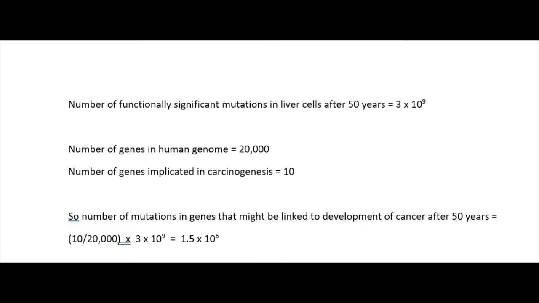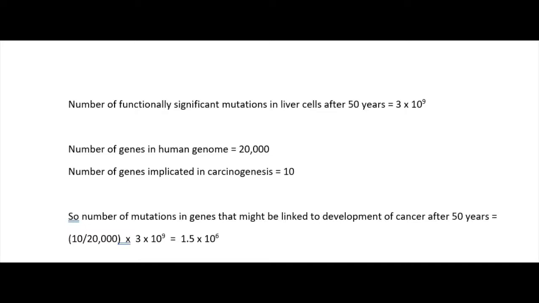The total number of genes coding for proteins in the human genome is around 20,000. And from studies of the mutations that occur in cancer patients, we can estimate that in a typical cancer, there's probably only around 10 of those genes which are commonly mutated and which seem therefore to be important drivers of the development of a cancer.